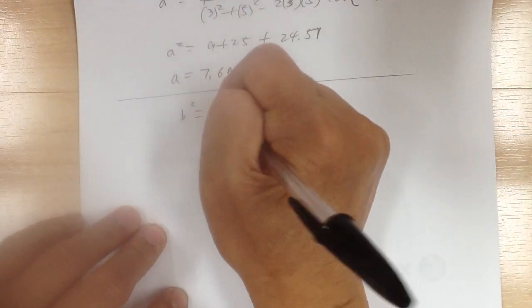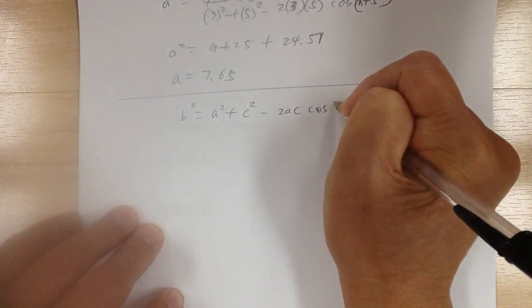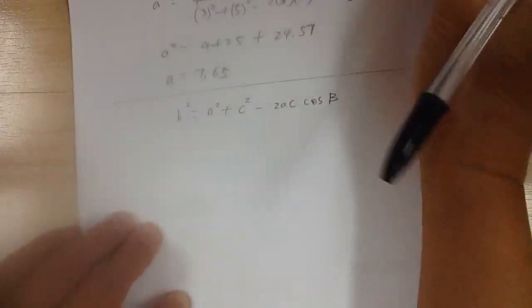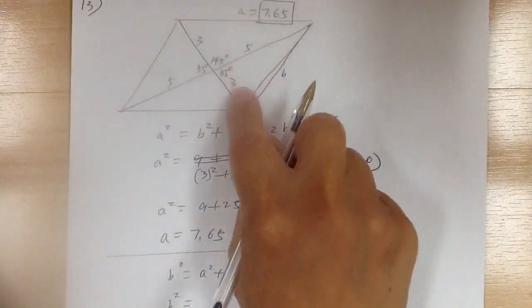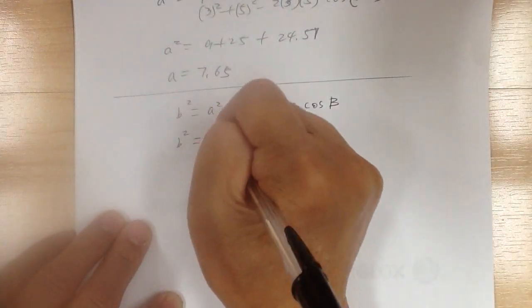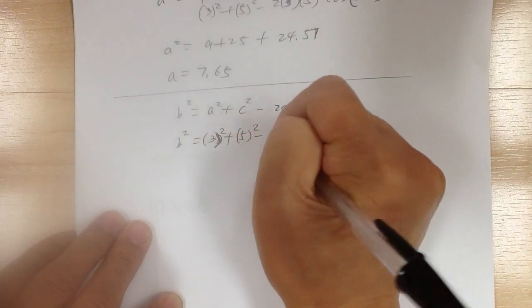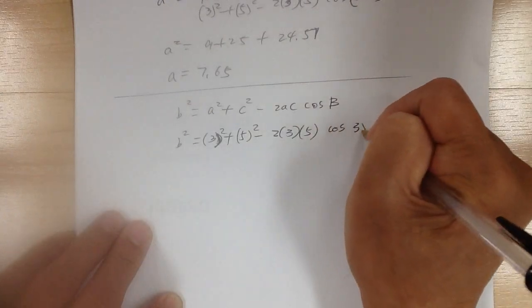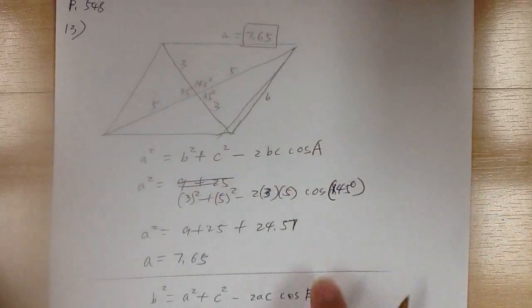So B squared equal to A squared plus C squared minus 2AC cosine of B. And this would be 35 degrees, right? So B squared equal to, again, these are interchangeable, doesn't matter which is A, which is C. So it would be 3 squared plus 5 squared minus 2 times 3 times 5 cosine of 35 degrees. So again, this refers to this picture over here.